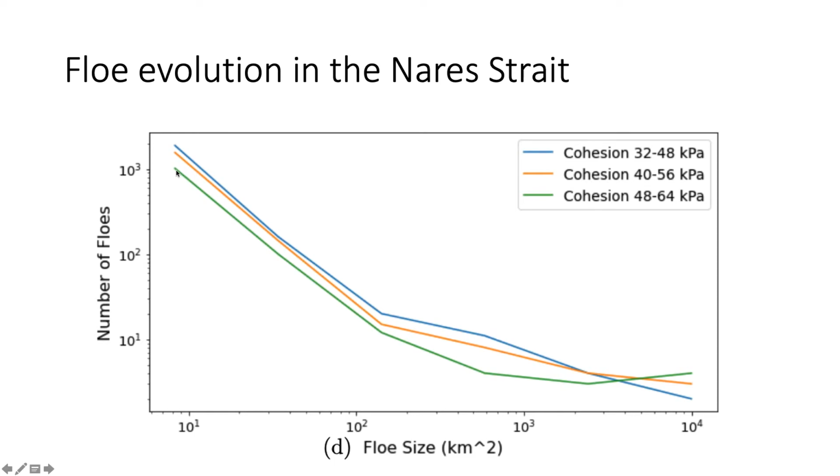And similarly, in the inverse behavior for the strongest model, we find that we have the lowest number of small floes, and as the floe size gets larger, we get the behavior that's flipped here, and the strongest material parameters result in the largest number of large floes.